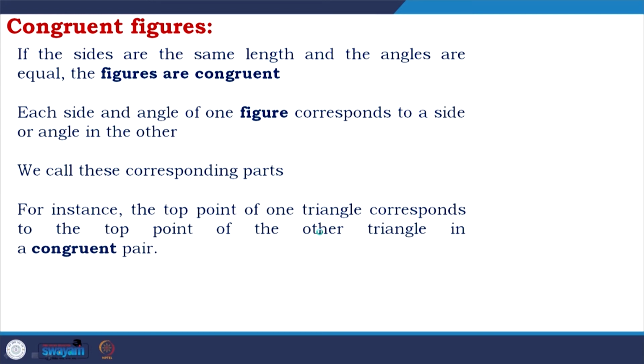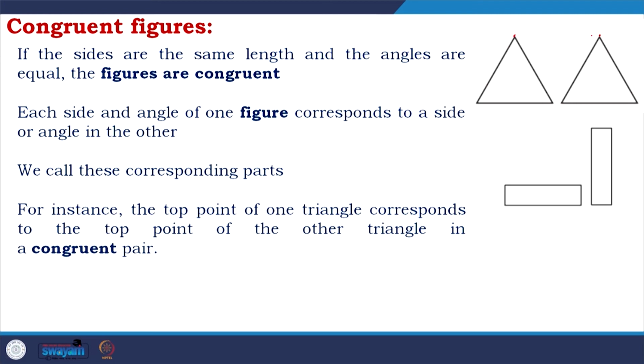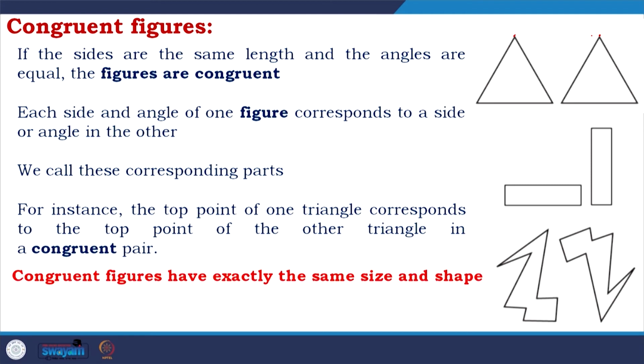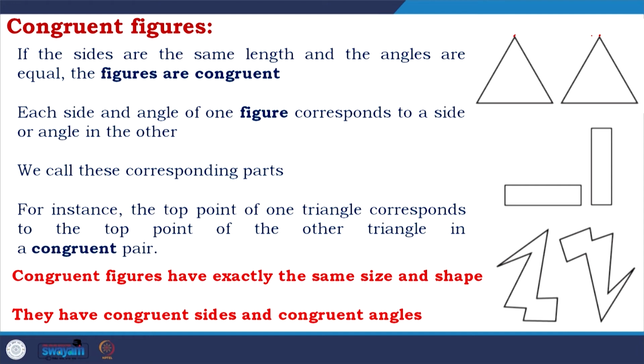For example, the top point of one triangle corresponds to the top point of the other triangle in a congruent pair like this, but it could be in a different form like this also. So, this is also a congruent pair, and even when they do not have a regular shape, they could be a congruent pair. So, congruent figures or congruent pairs have exactly the same size and shape. They have congruent sides and congruent angles.